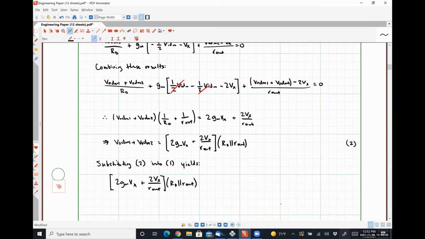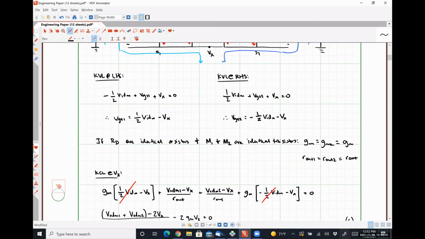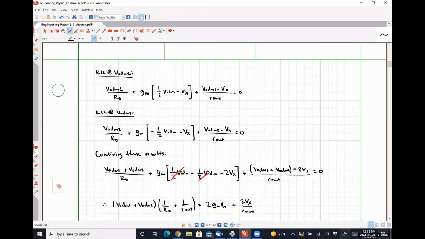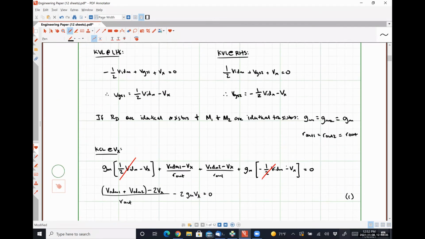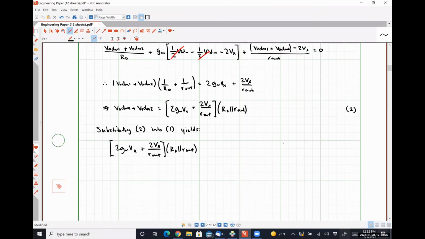So let's see, that's my VODM bit from up here. Sorry, let me look at it. Minus 2Vx, this whole thing over R out.